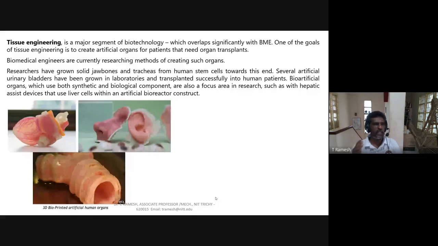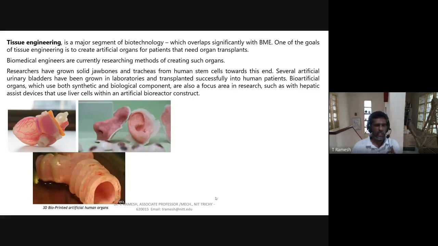Then bioartificial organs, which use both synthetic and biological components, are also a focus area in research, such as hepatic assist devices that use liver cells within an artificial bioreactor construct. So now the idea is how to manufacture such a complex system, and what are the suitable materials to be used for printing such human organs.